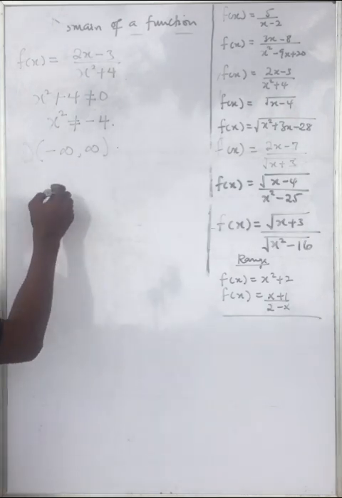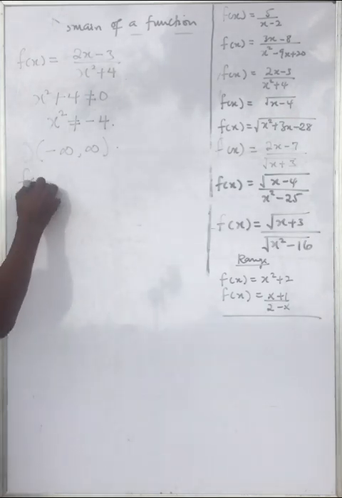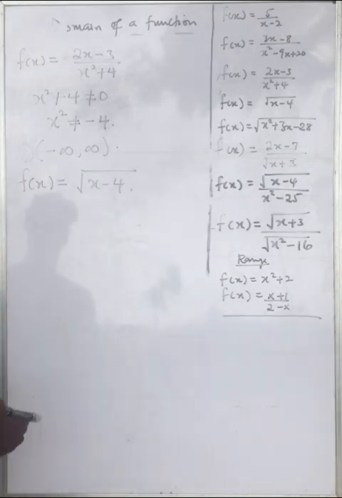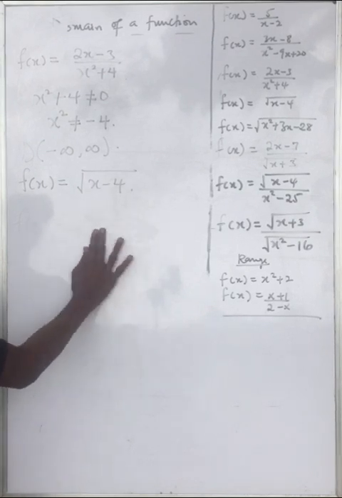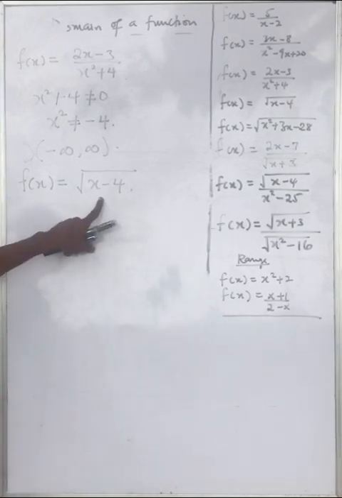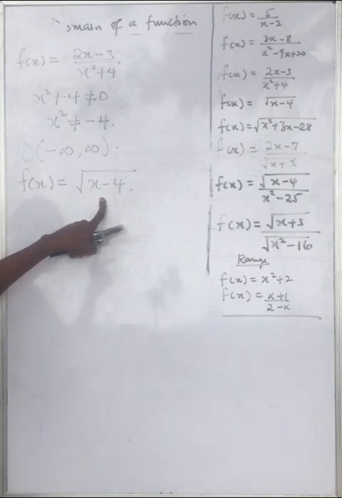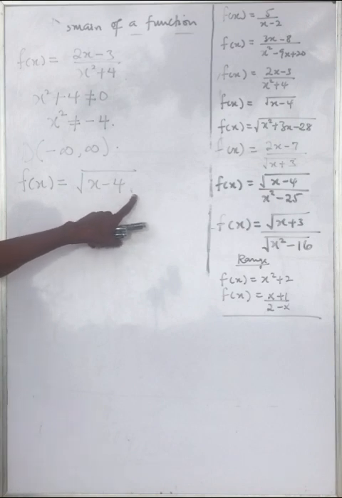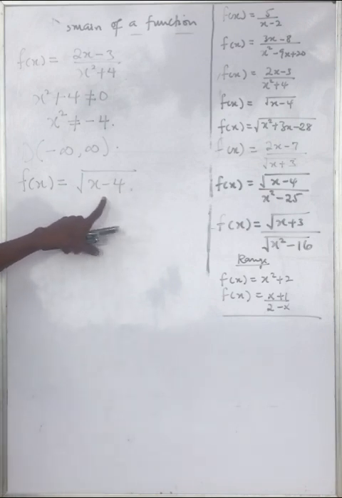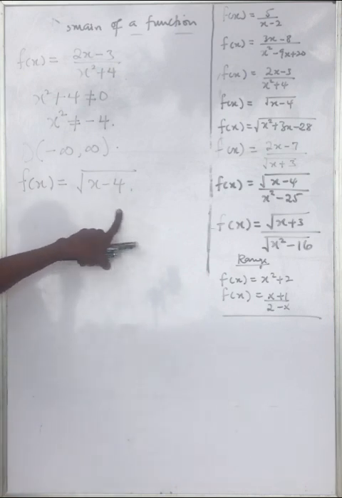Let's consider the next one, which is f of x is equal to the root of x minus 4. Now, shall we find the domain of this function? As you can see here, this function may be complex, the square root of negative numbers. And so, remember, the domain of the function are values of x that will not make the function complex.